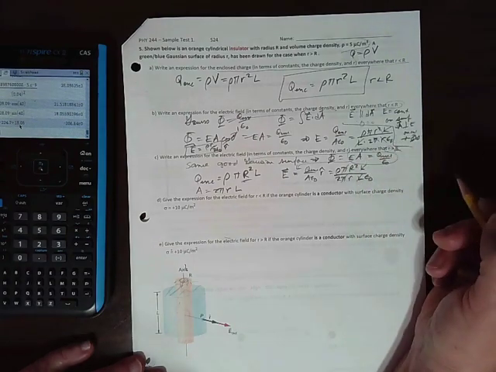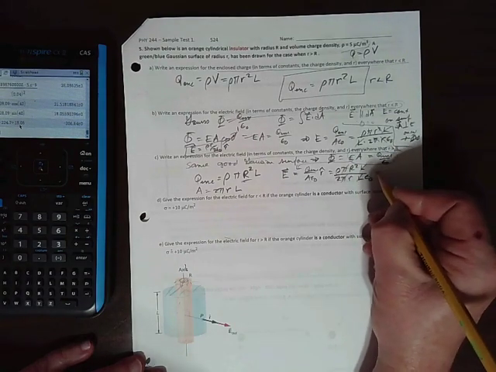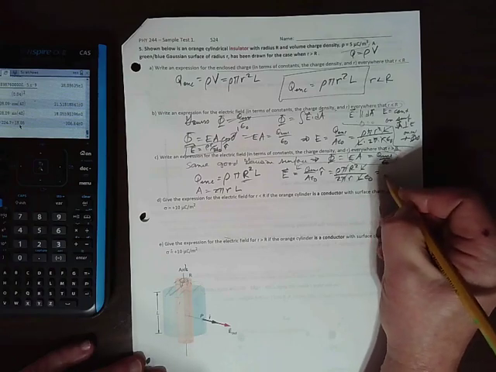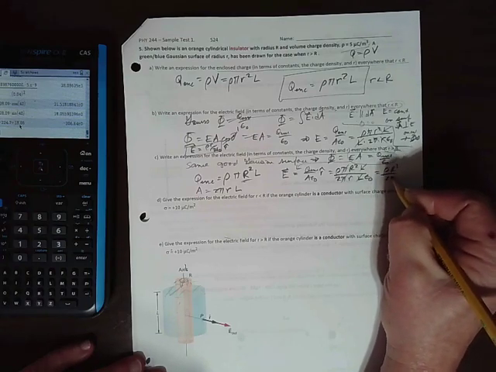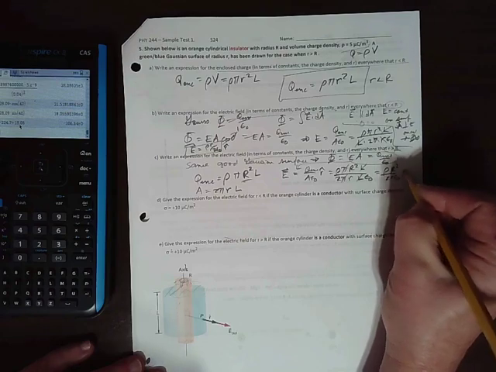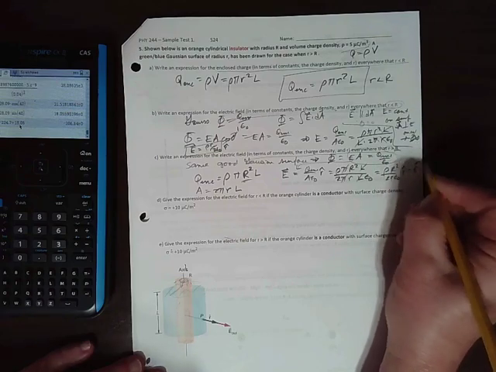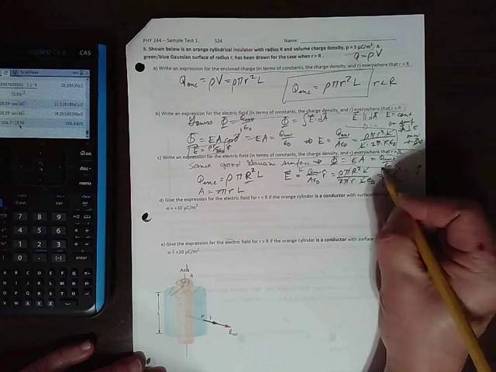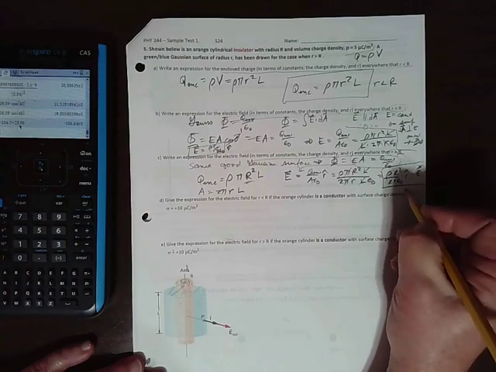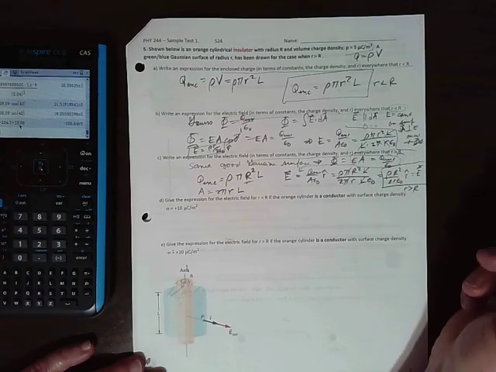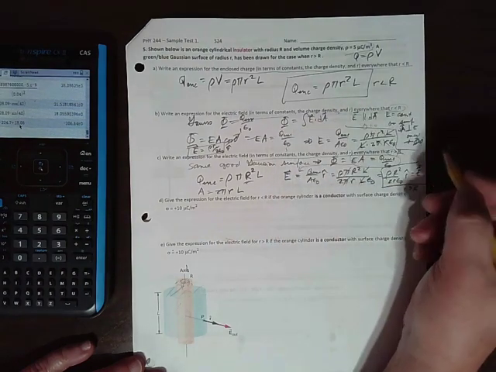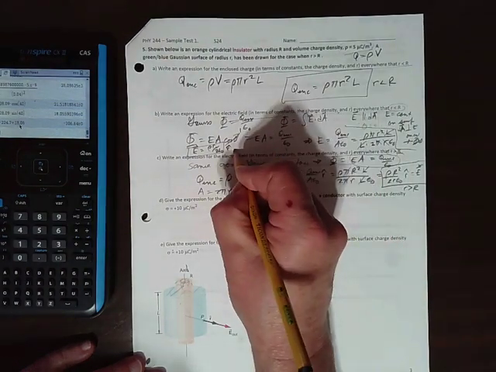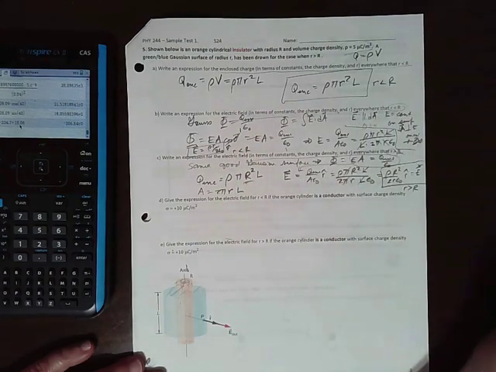L's cancel. And so E is rho big R squared over 2 little r epsilon naught r hat, equals E as a vector. All right, so this is for little r bigger than big R. This is for little r less than big R.